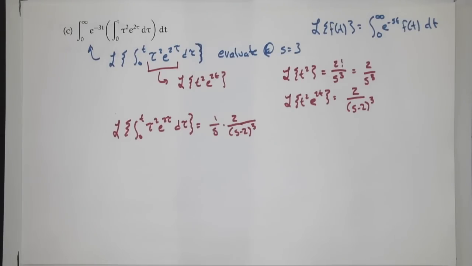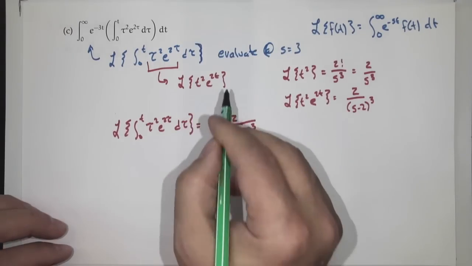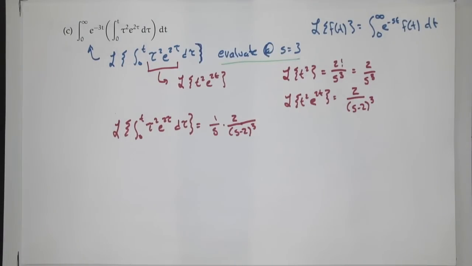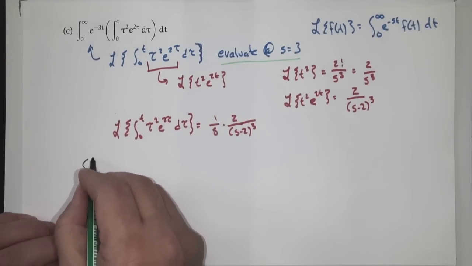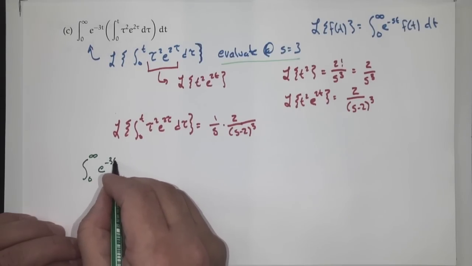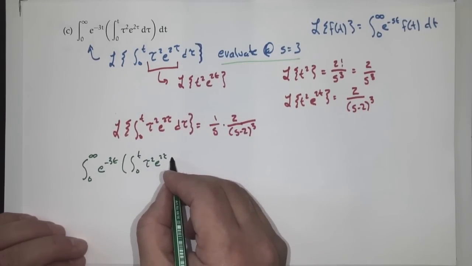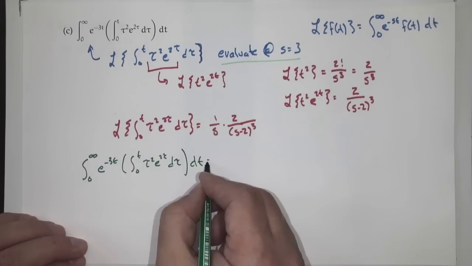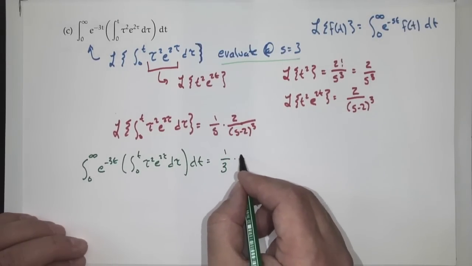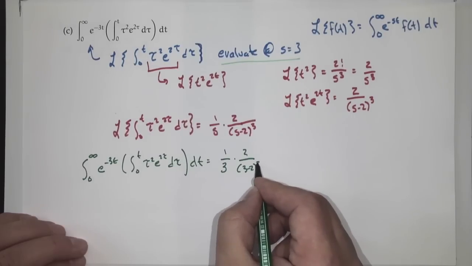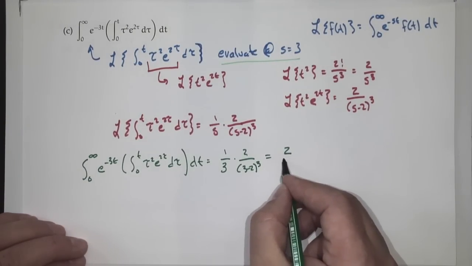We should have started with this one because it's going faster. And it's nice to do things which go fast. What's our last thing we need to do? We need to carry out the evaluation. So we're going to evaluate at s equals 3. So we come to the conclusion that the integral from 0 to infinity, e to the minus 3t, integral 0 to t, tau squared e to the 2 tau d tau dt is equal to 1 over 3 times 2 over 3 minus 2 cubed, also known as 2/3.